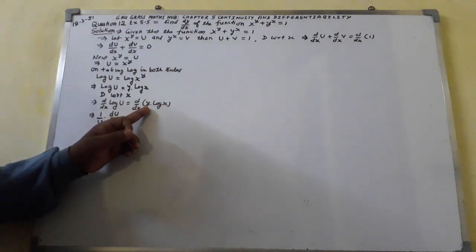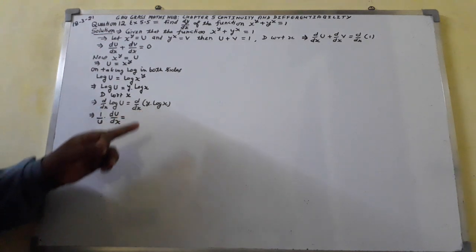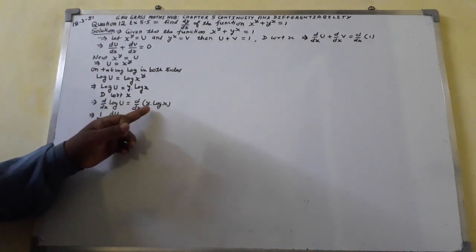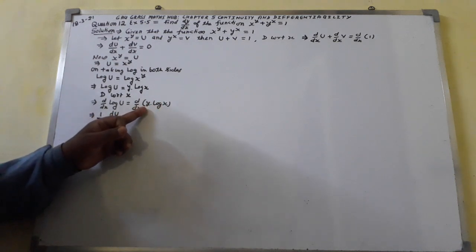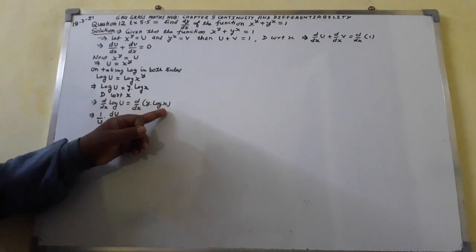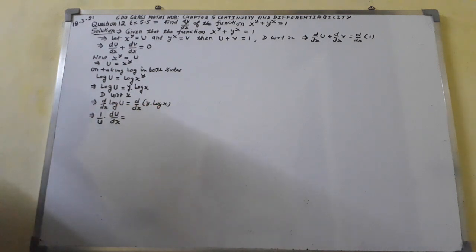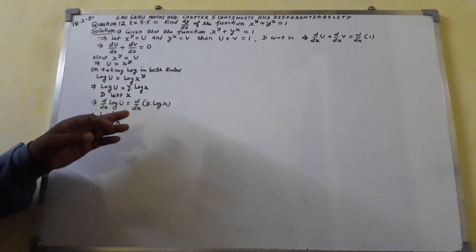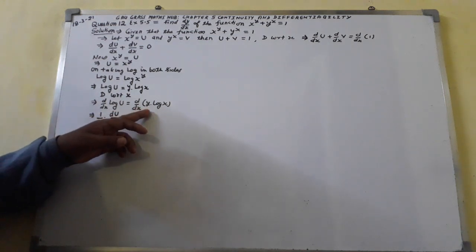Here let y be the first function and log x the second function. The first function y is multiplied to the second function log x, so here I shall use the product rule.